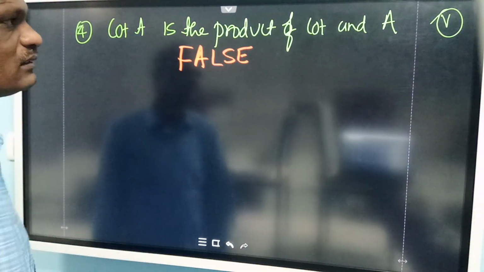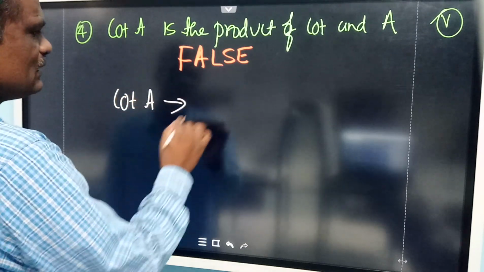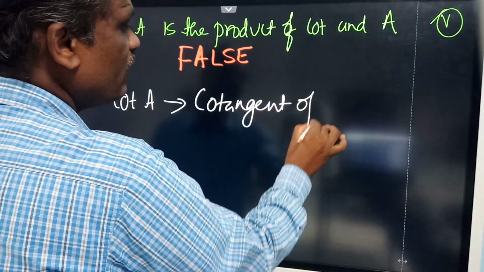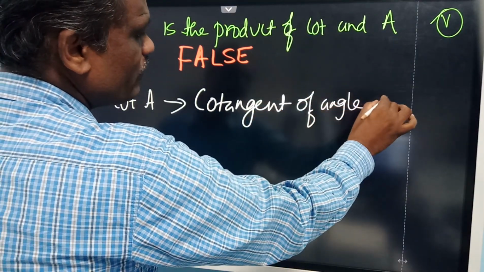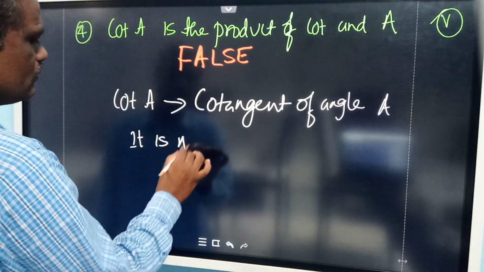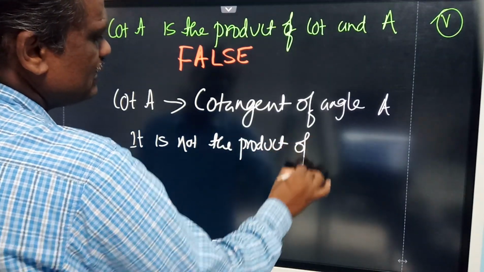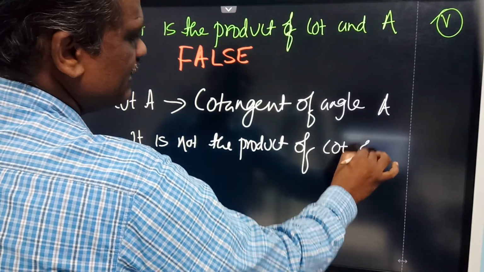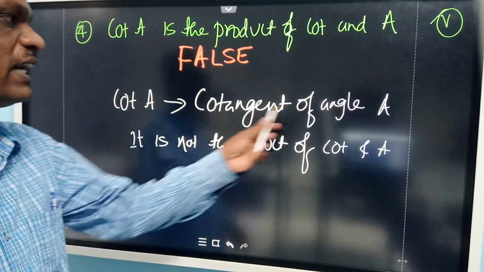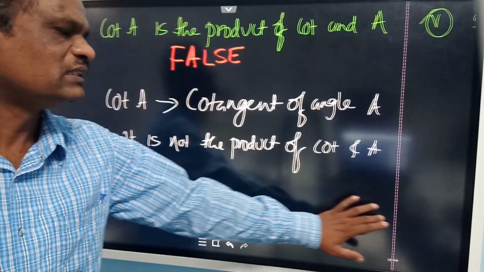The reason is that cot A represents the cotangent of angle A. It is not the product of cot and A, it is a ratio between two sides. It is the cotangent of angle A. So therefore the given statement is false.